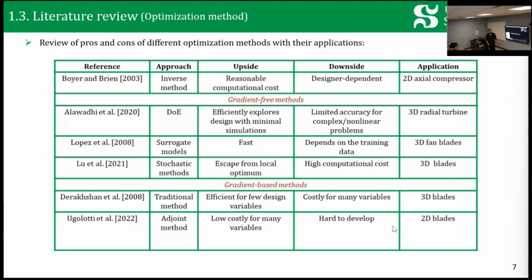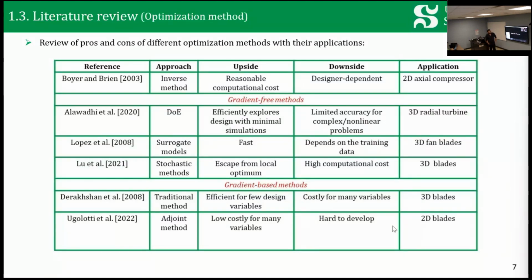Inverse methods can yield good designs at reasonable computational cost, but they rely heavily on the expertise and experience of the designer, and they are not appropriate for complex geometry.